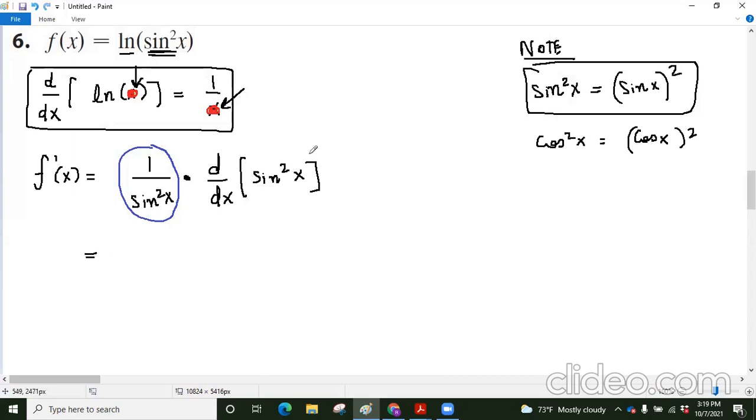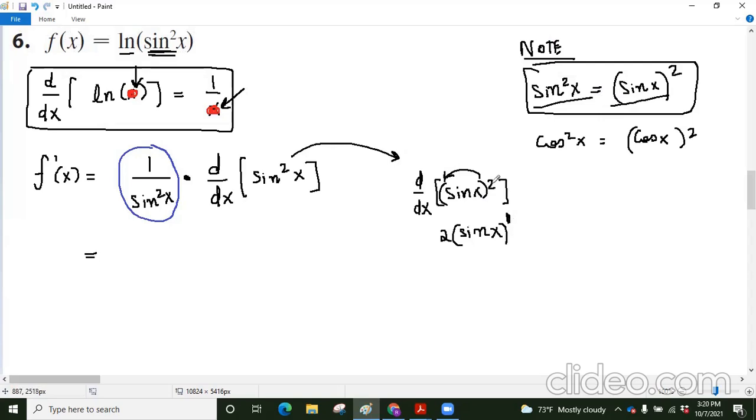So in this case, the derivative of sine of 2x, you can look at this as asking what the derivative of sine of x squared is, correct? Because I said that sine of 2x is the same thing as sine of x squared. And you can put the power rule on this now. You can drop the 2 down, and then you have sine of x, the exponent is 1 because you decremented by 1, times the derivative of the inside, which is sine of x.